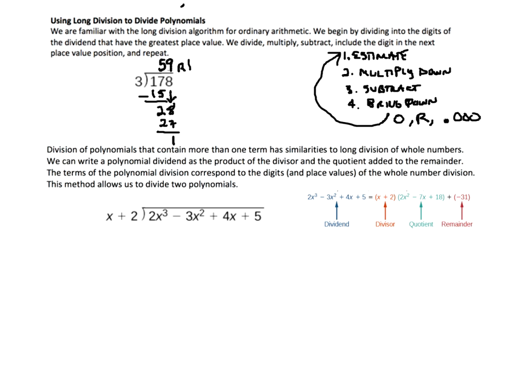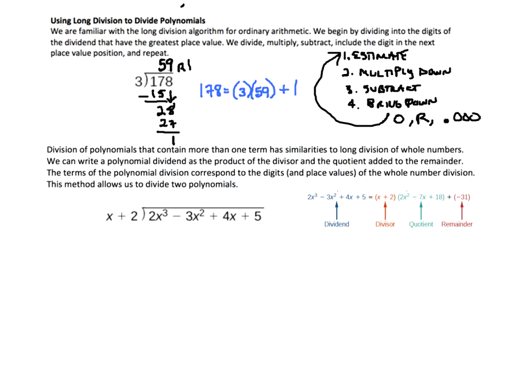But here's the most important thing, besides remembering the process of long division. Here's the most important thing that we get from doing this division. Look, what it actually means. What this means is that 178 is equal to my divisor, 3, times my quotient, 59, plus my remainder of 1.